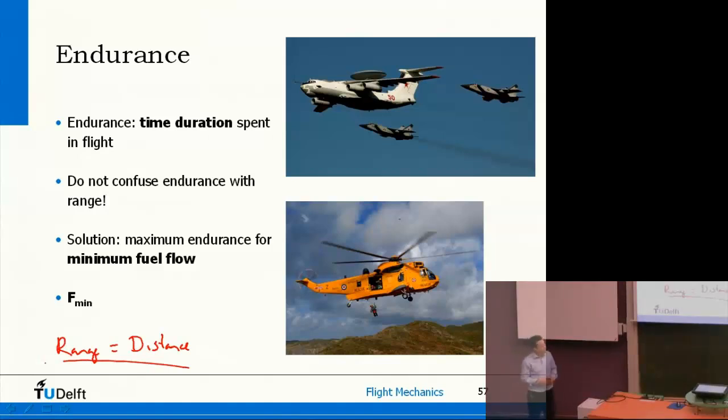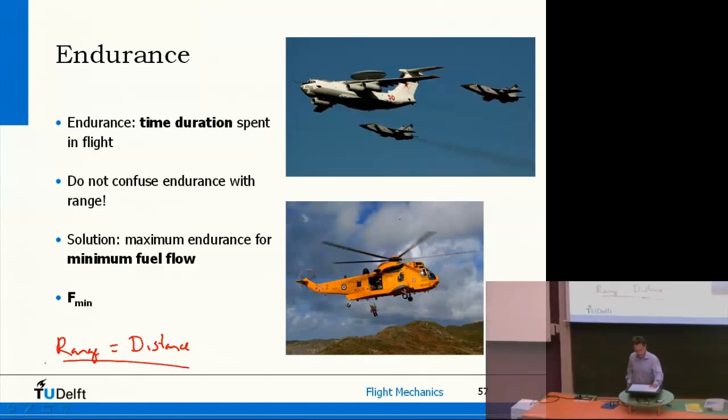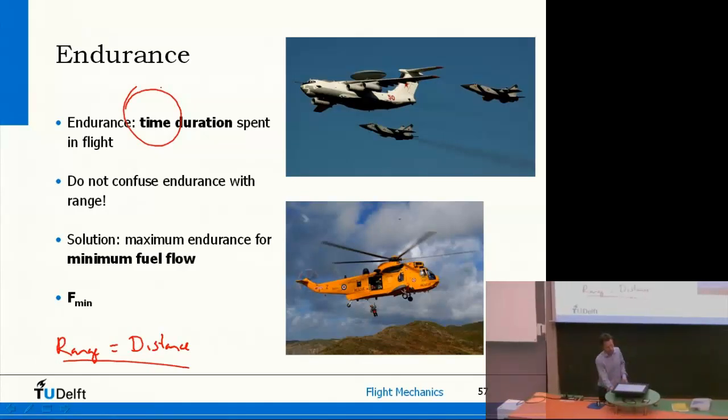Such an aircraft just wants to stay in the air for as long as it can. Similarly, could be for these combat aircraft that are patrolling or for search and rescue missions. So sometimes it's not about distance, but endurance is about time in the air.